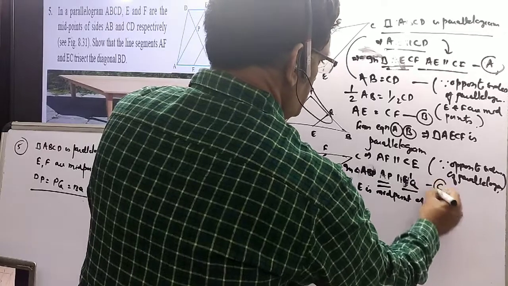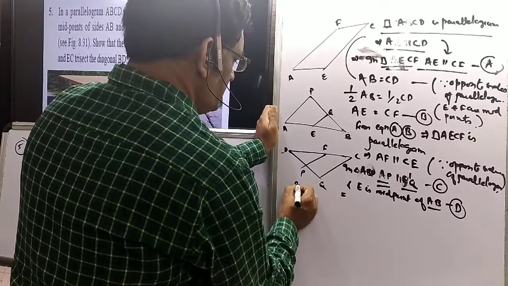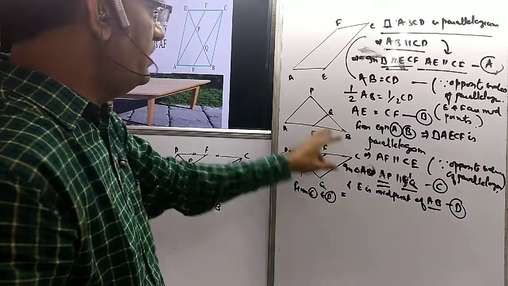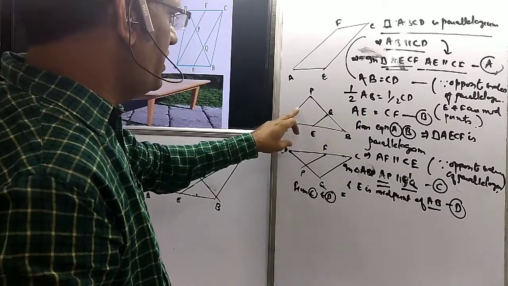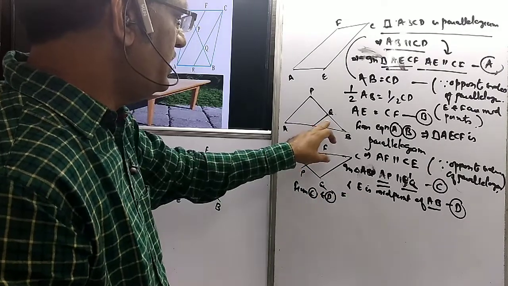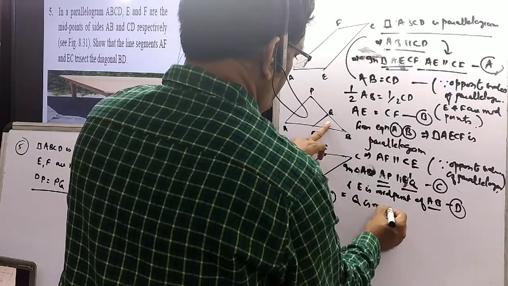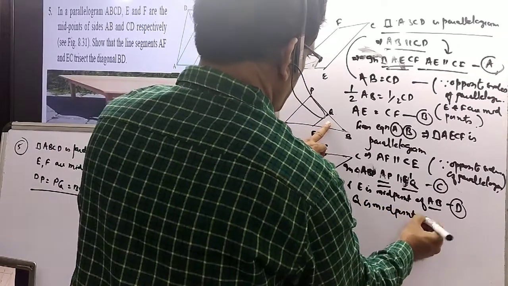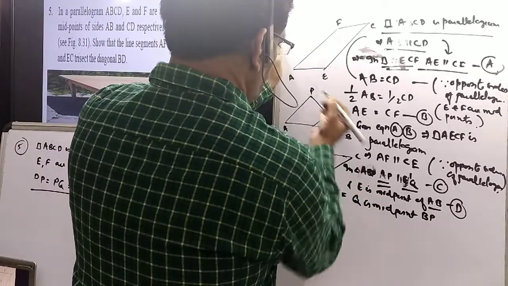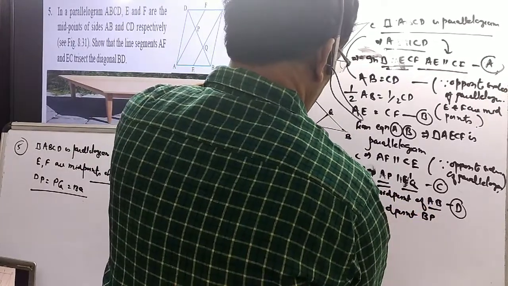This is statement C, and this is statement D. From statements C and D, we conclude that EQ is parallel to AP, and second, what is given is that E is the midpoint of AB, so it means that Q is the midpoint of DP or PB.